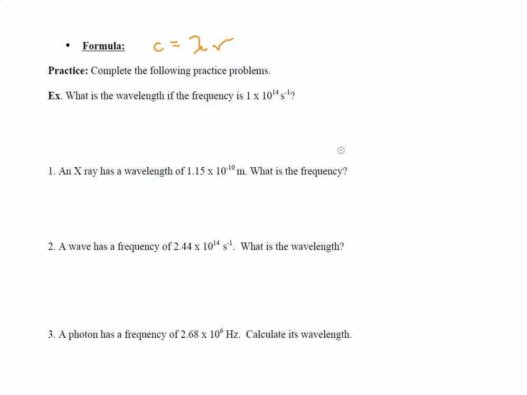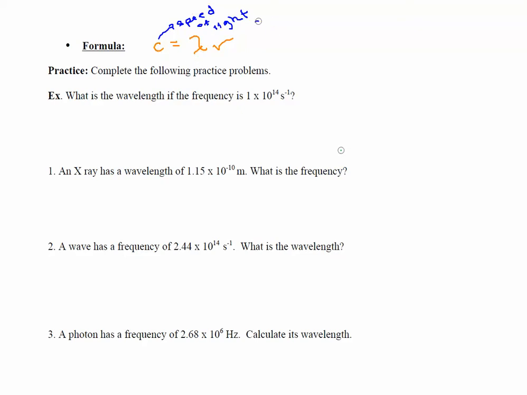Now, your c, in this case, is your speed of light, because all types of electromagnetic radiation have the same speed. They're all traveling at the same speed.